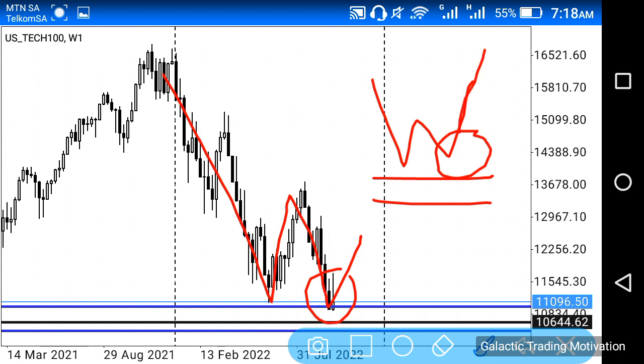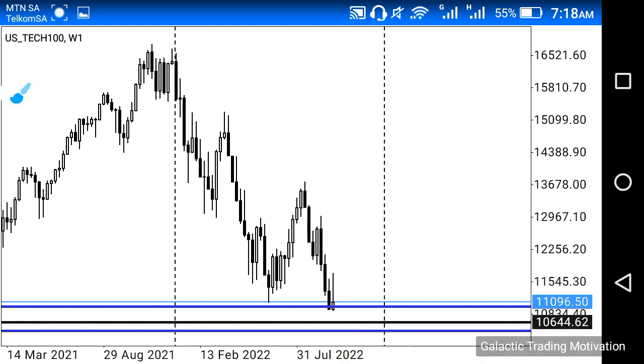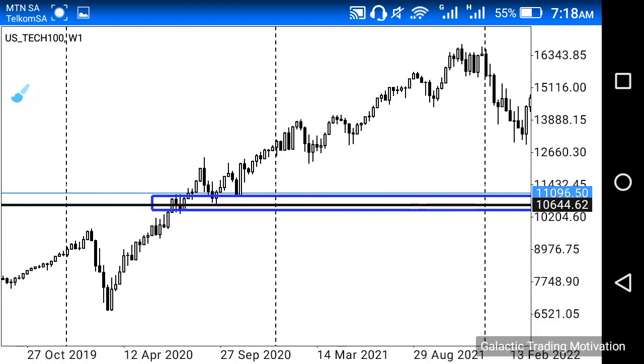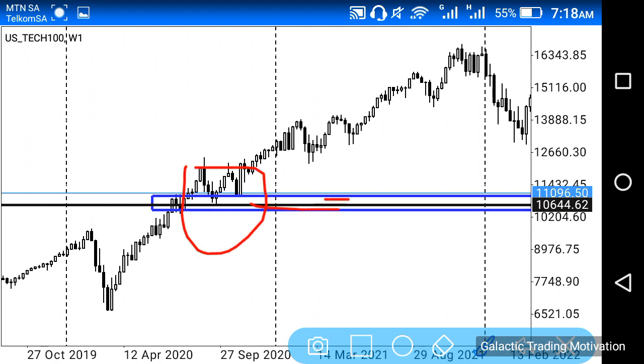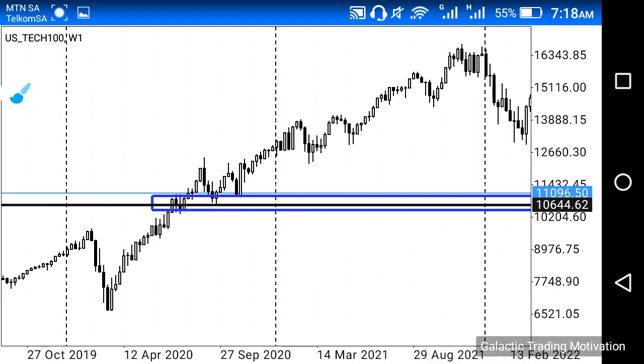However, having said that, this entire move over here could be a trap in my humble opinion, and the reason why I say it may be a trap is because of that liquidity candlestick that I spoke about on the monthly chart, which is at this point over here, and I said that the market needs to go down to grab that liquidity.